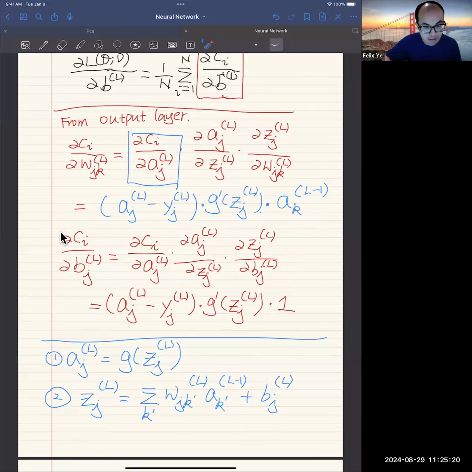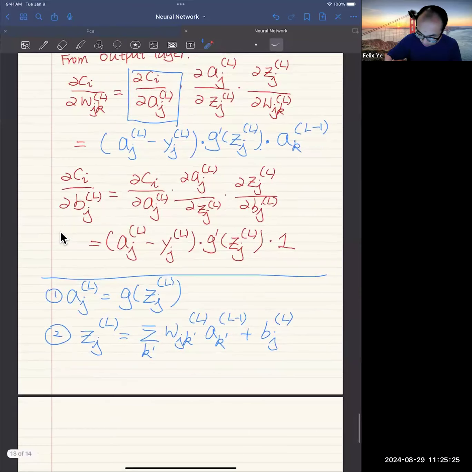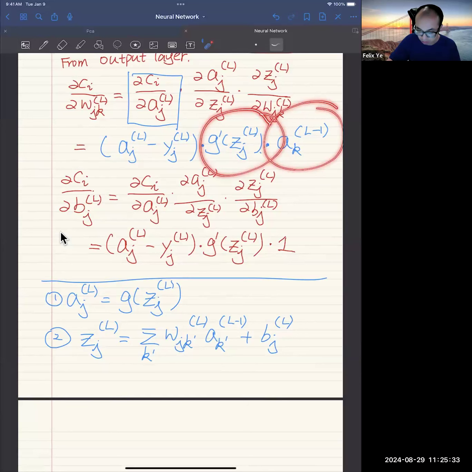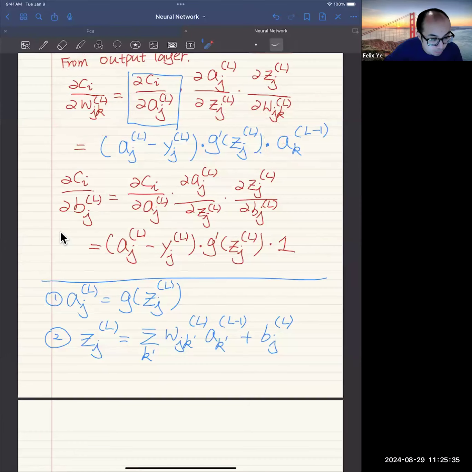One thing I want to emphasize is that if we look at these carefully, we have a multiplication of three things. If one of them is close to 0, then the gradient will be small. This is a serious problem. If the gradient is very small, then learning will be very slow.